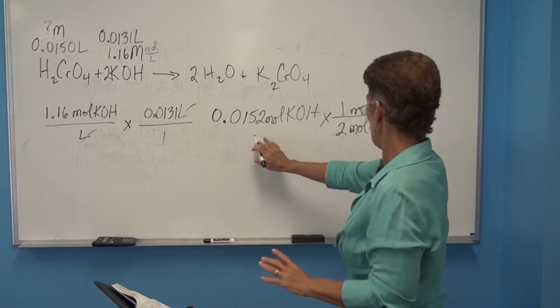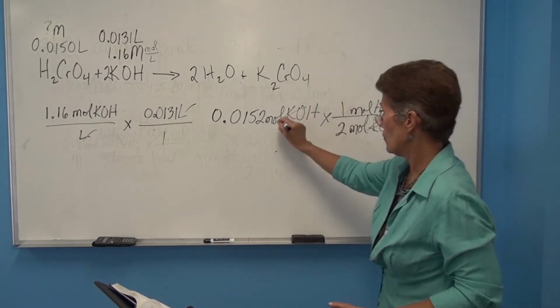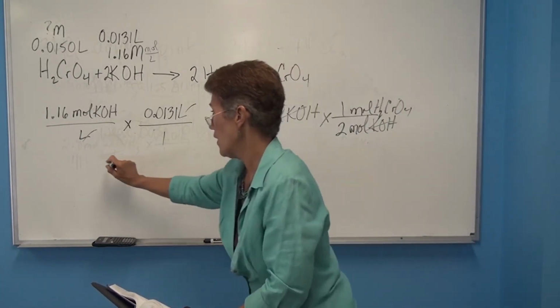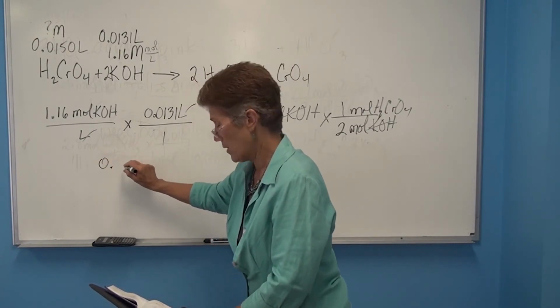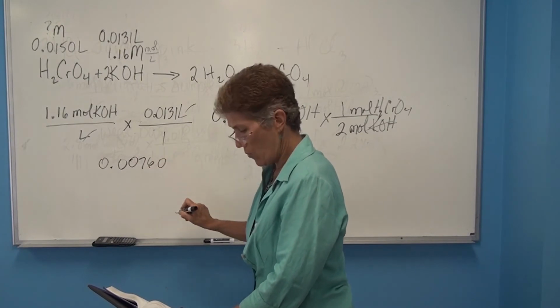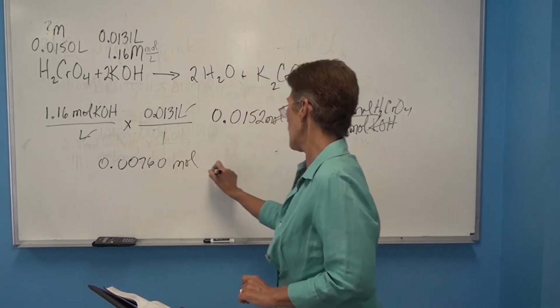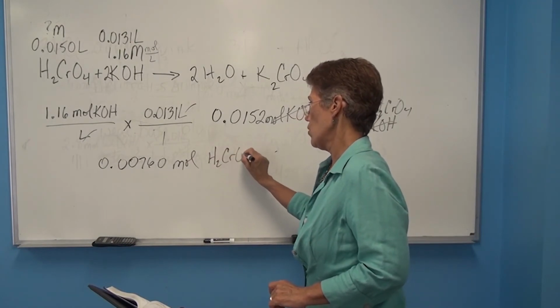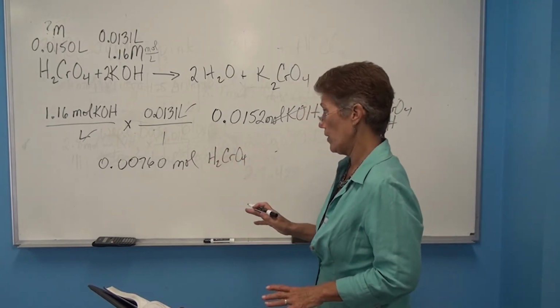So this is going to give us, in three significant figures, 0.00760 moles, and that leaves us with the H2CrO4, the acid that we started with.